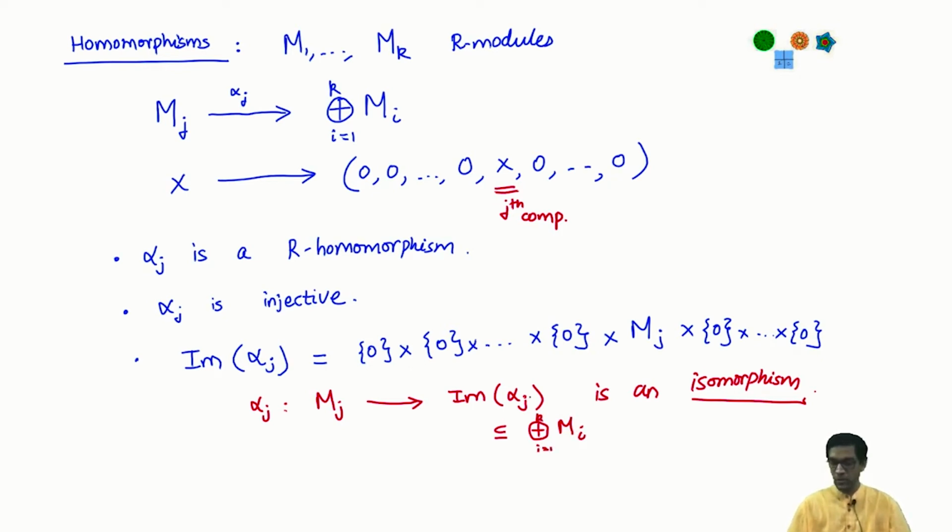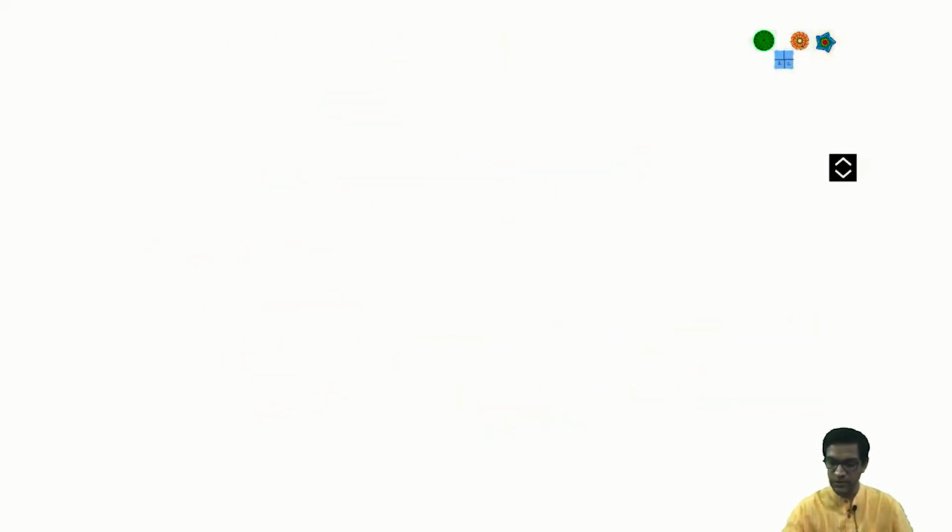So what we have inside the direct sum really is a copy of each of these modules Mi. And so sometimes one draws the following picture. So I have M1, M2, M3 and so on, Mk.